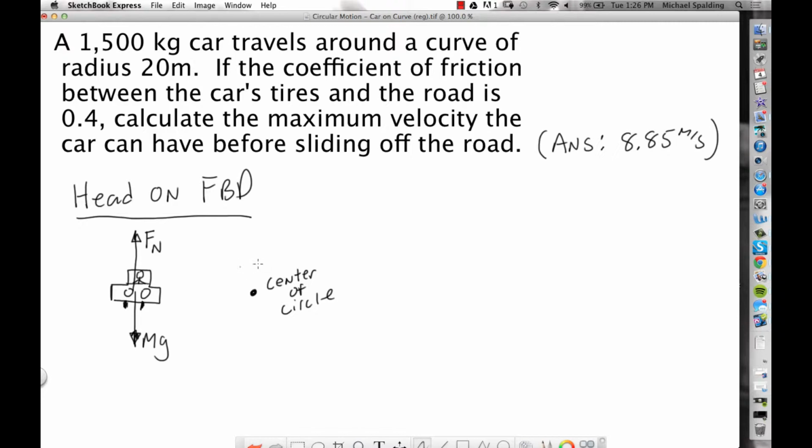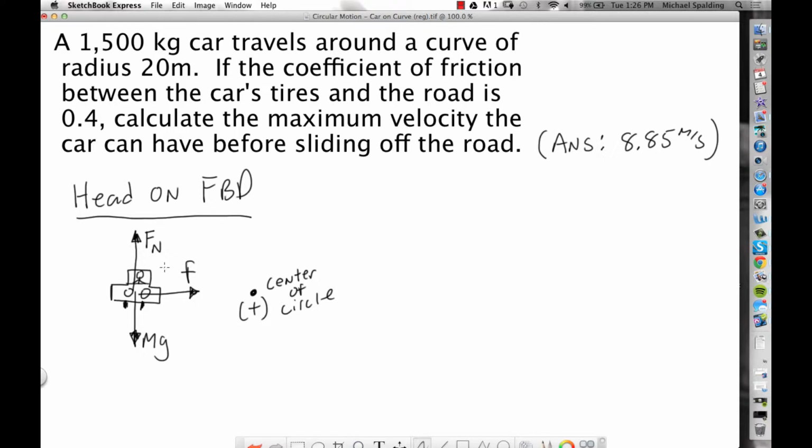And remember, center of the circle is always positive because that's where the acceleration points. Now, what is the force that keeps the car in the circle? There has to be a force directed to the center that keeps the car in the circular path. It's friction.